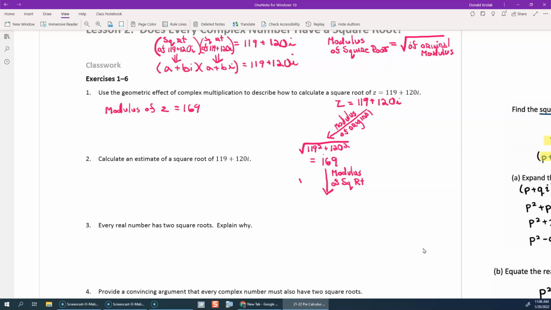So I'm going to do the square root of 169, which is 13. So now the modulus of the square root of z is 13.